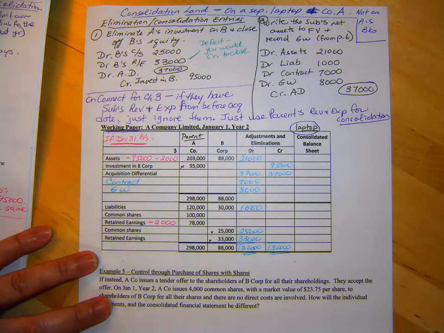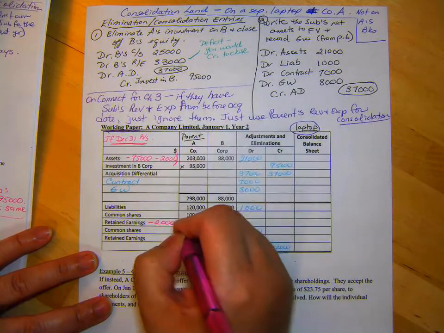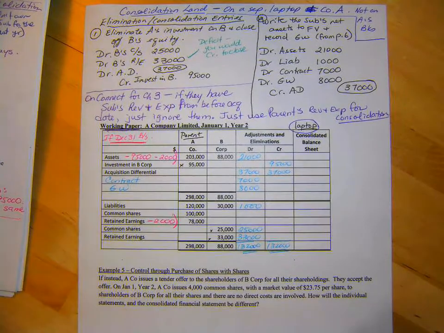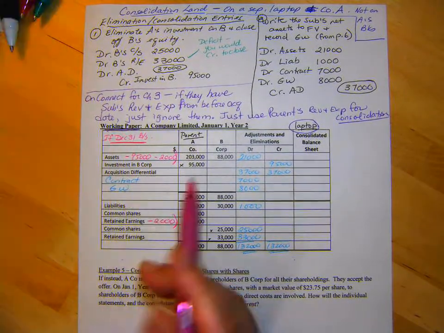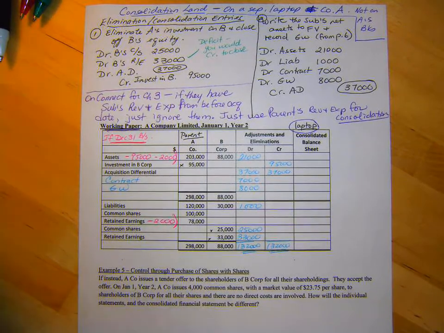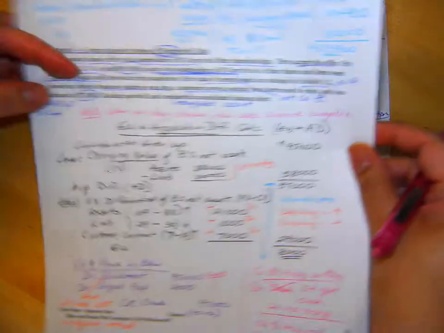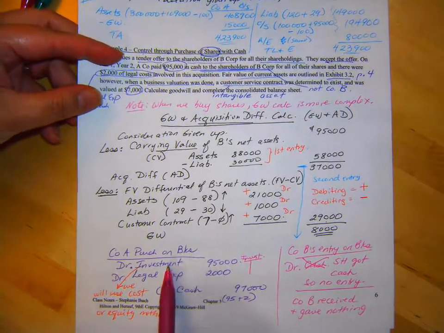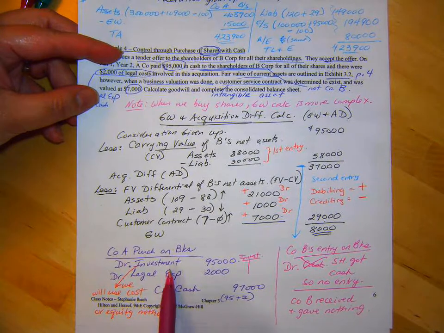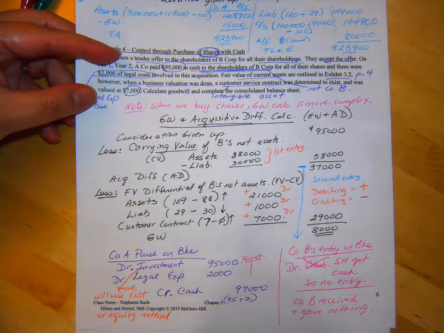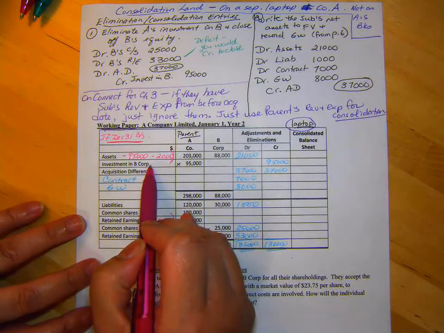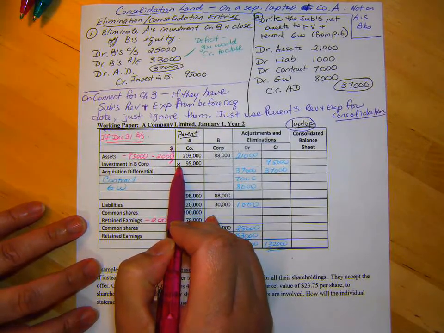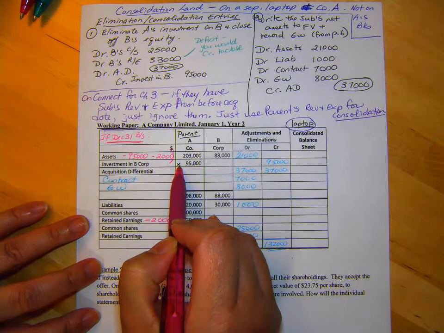Okay? So just watch for that, because that's what they expect you to notice and go, ooh, the entry isn't done. This first entry, oh, hang on, let me grab it on page 6. This first entry isn't done yet. Okay? We better take it out. But if there's already an investment in B Corp, does it mean the acquisition entry is done?